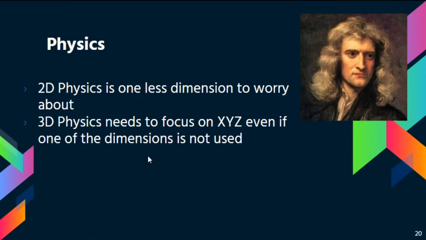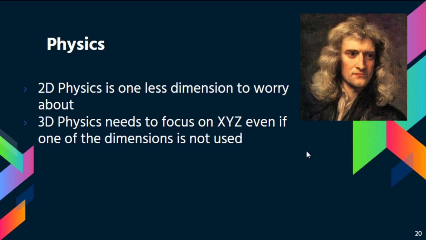So another thing that you have to keep in mind in the differences between 2D and 3D games is the physics. With 2D physics, you tend to have one less dimension to worry about. So it's sort of restrictive to where the player can explore. Like if you're doing a side scroller, you don't have to worry about the player moving towards or away from you.